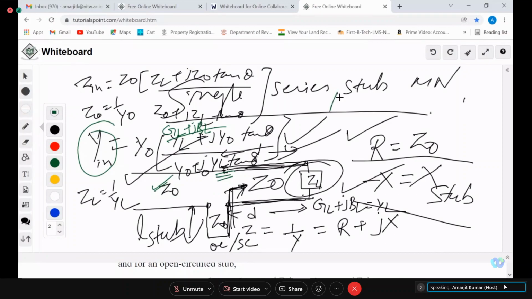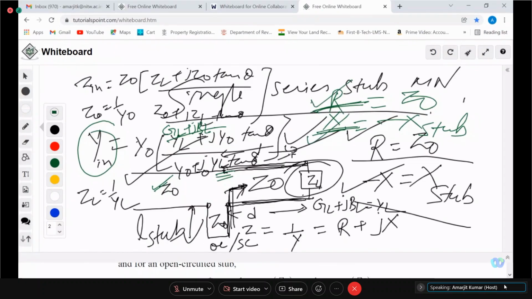So this way you can calculate R and X. Then put R is equal to Z naught and X is equal to minus X. Same process that we did for the earlier case.